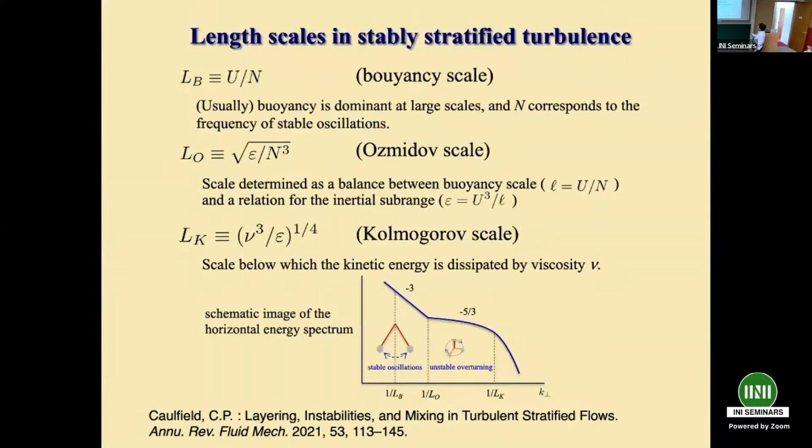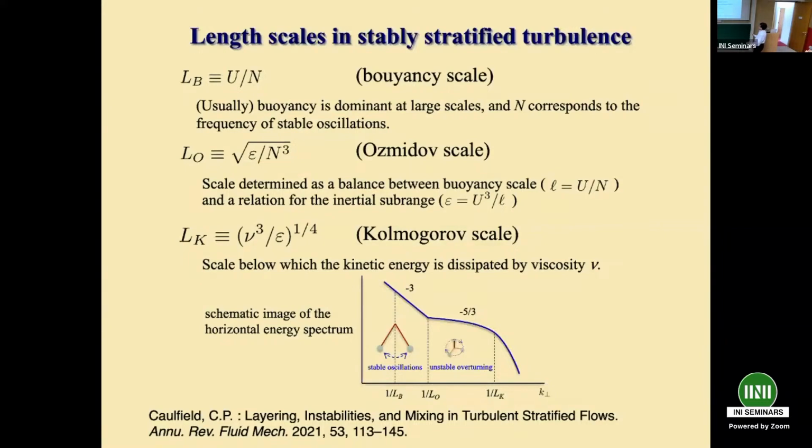If we equate these two, we have the so-called Ozmidov scale. And the third one is the famous Kolmogorov scale, the scale below which the kinetic energy is dissipated by viscosity.